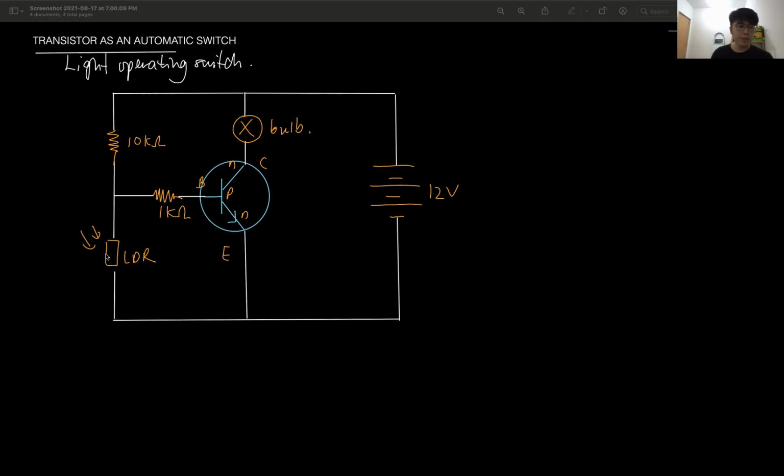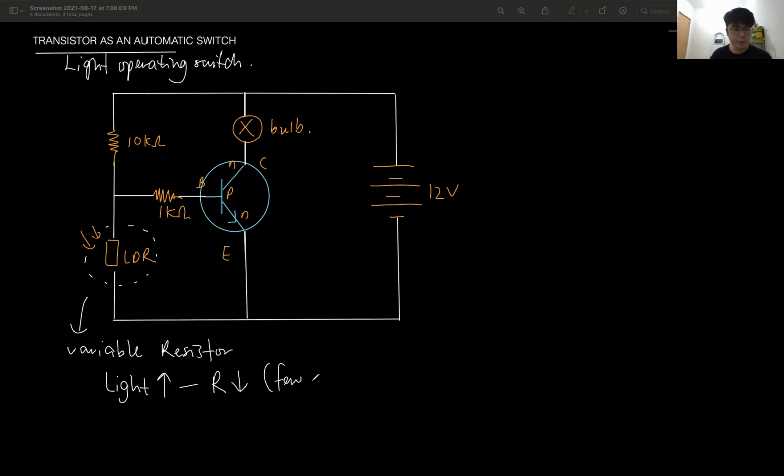What is the function of the LDR? First, we look at the LDR. The LDR is a variable resistor, meaning that its resistance can change depending on how much light is shining on it. If the intensity of the light is high, then the R is very low, about a few hundred ohms.